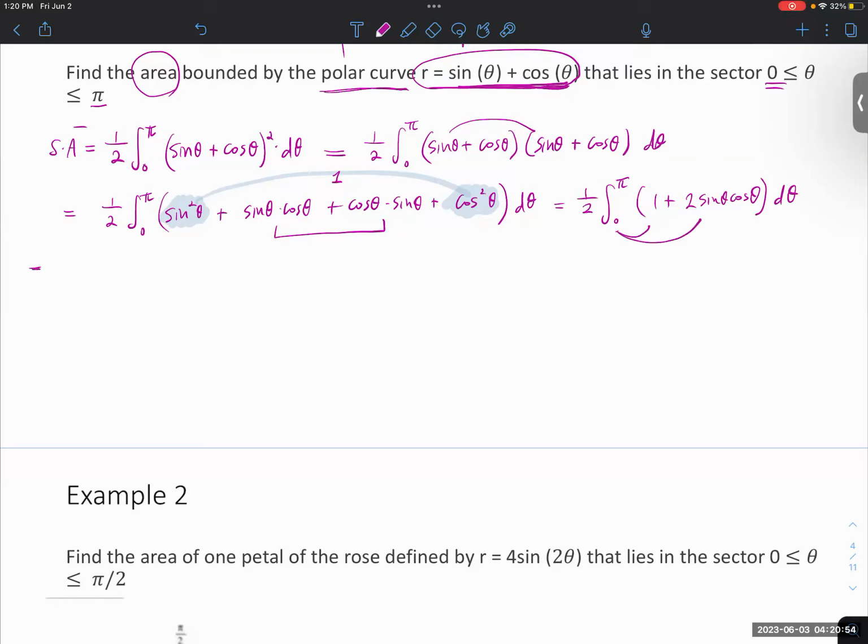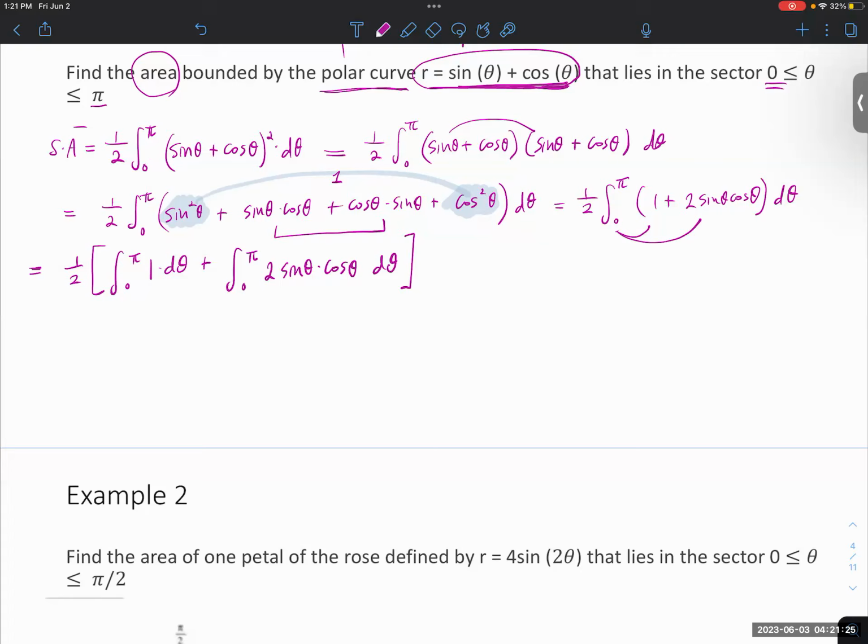So it is going to be 1/2 times a big bracket: the integral 0 to pi of 1 d theta, plus the integral 0 to pi of 2 sine theta cosine theta d theta. We are okay?